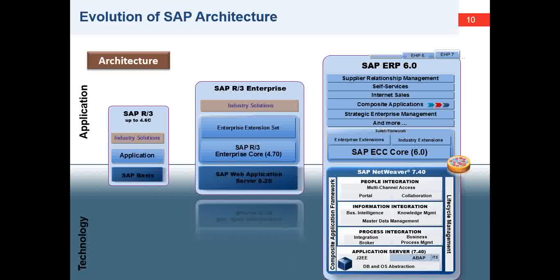But also included in ERP6, you've got a limited functionality supplier relationship management that can run right in ERP6, or SAP also offers the full-blown SRM that runs standalone. You've got self-services, internet sales, composite applications, strategic enterprise management, and a lot more going on in ERP6. And then on top of that, you see the enhancement packages.